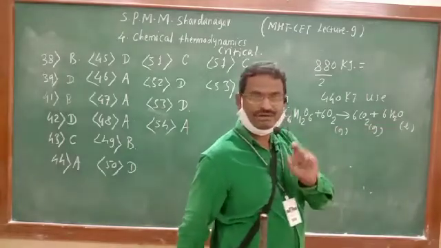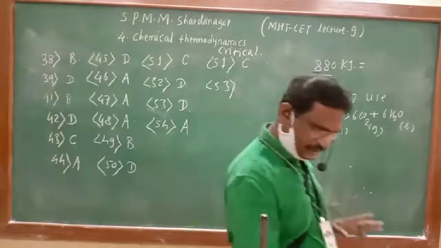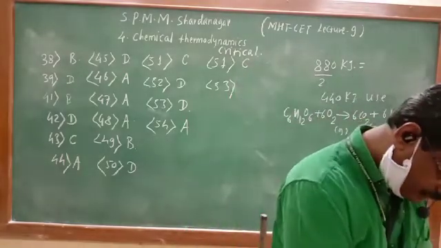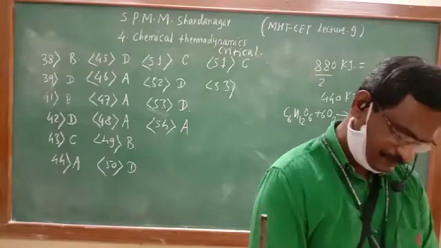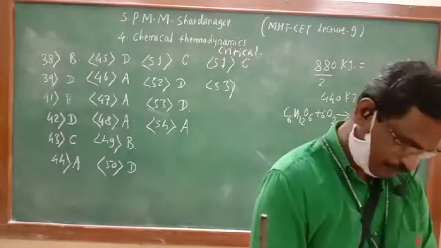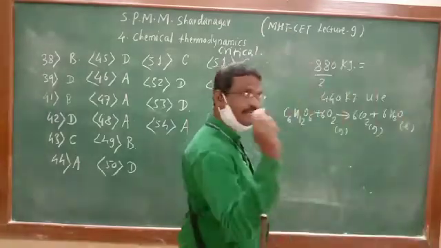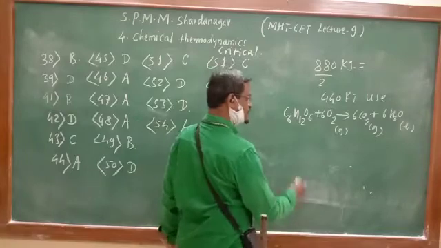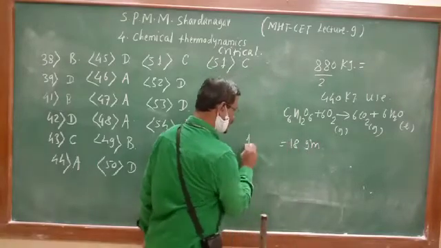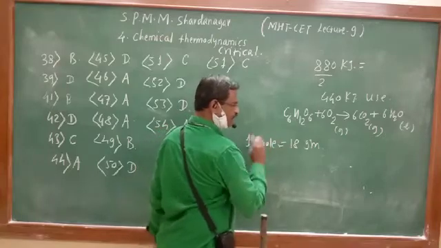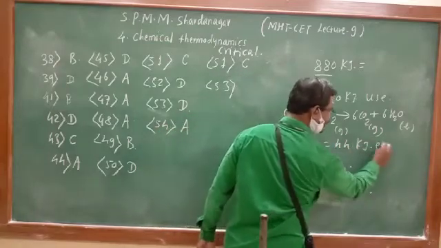Whenever 1 mole of water is evolved, he is getting 44 kilojoule of energy. 1 mole of water, equal to 18 gram, gives 44 kilojoule of energy.